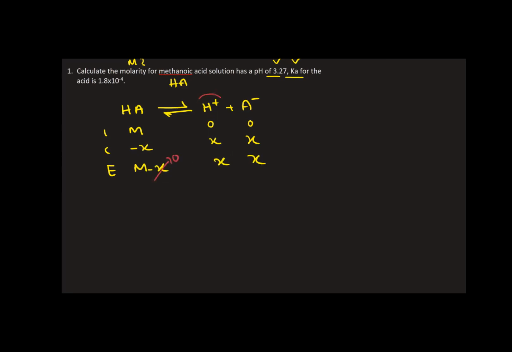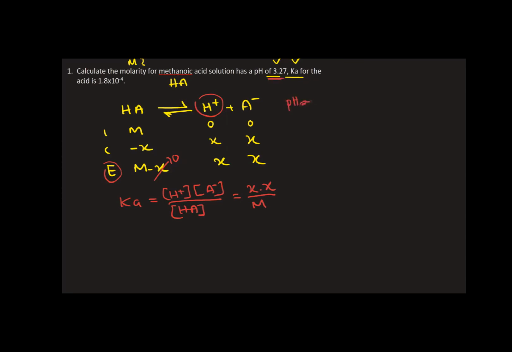Here this x is negligible, and products have protons. I'm going to write a Ka, product over reactants. Now we can say it is x squared over M, right? Because H plus and A minus is x and x.